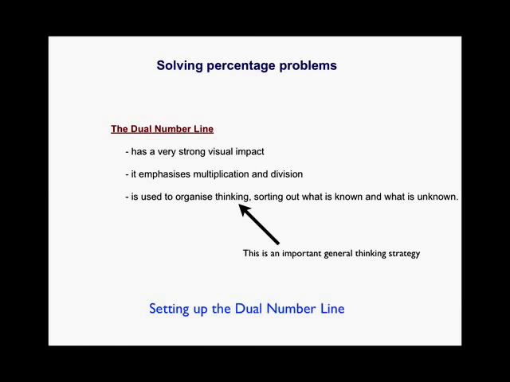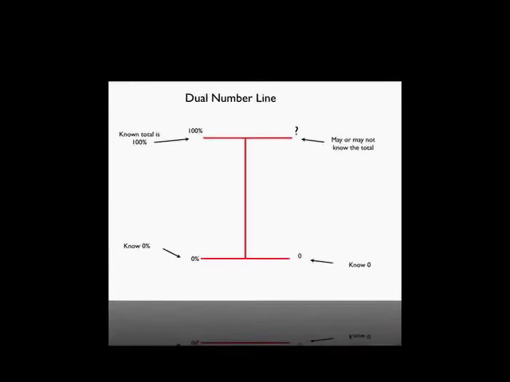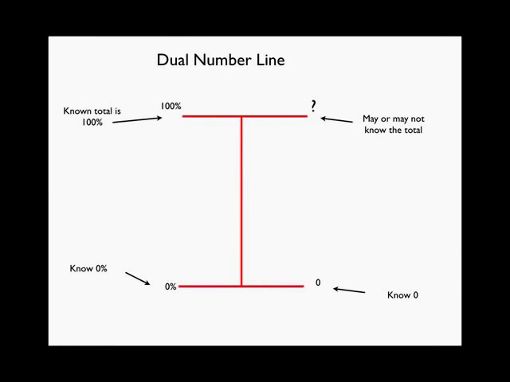Now let's look at how we can set up the dual number line. This is what we mean by a dual number line. On the left hand side, with the percentage problems, the top left corner is 100% and we know this. We also know the bottom left hand corner is 0%.